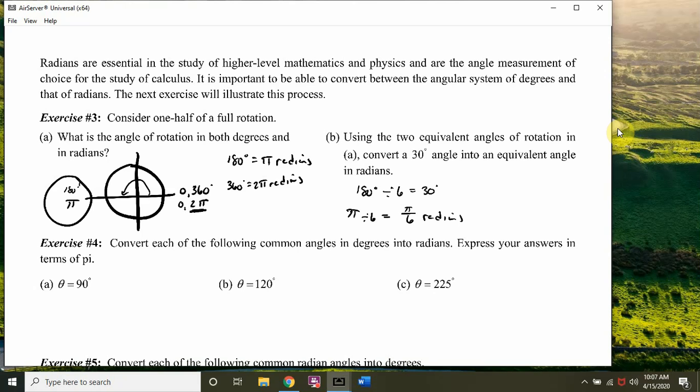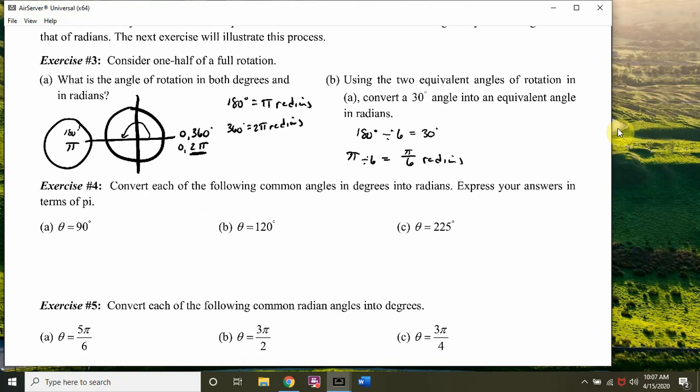Okay, so there's a more formalized way to convert between degrees and radians, and that's what we're going to talk about here. So in exercise 4, convert each of the following angles in degrees into radians. Here's how it works.